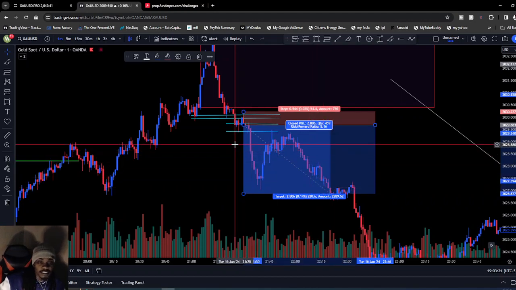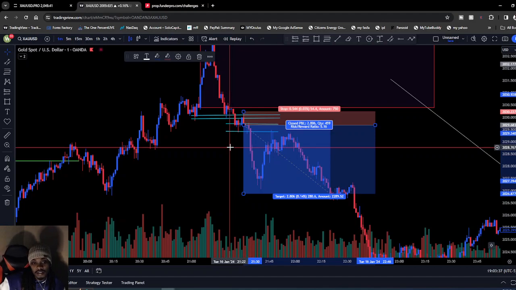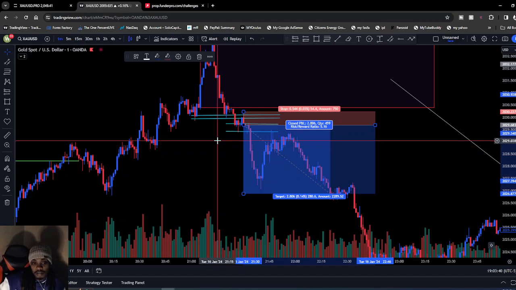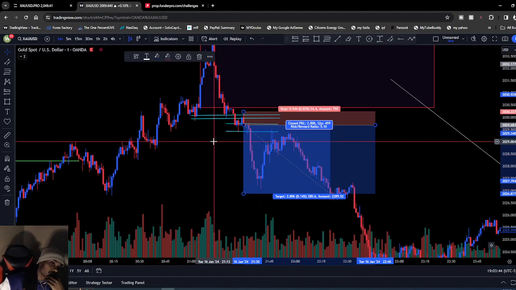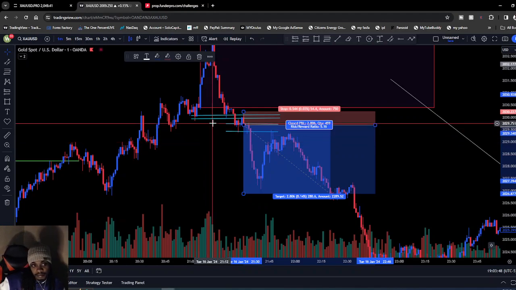But still, you're risking 5 pips, which depending on your lot size could be $50 on gold to make 28 pips, which would be 280. It also depends on your leverage as well. So with 1 to 100 leverage, with a standard lot size, that would be 280.